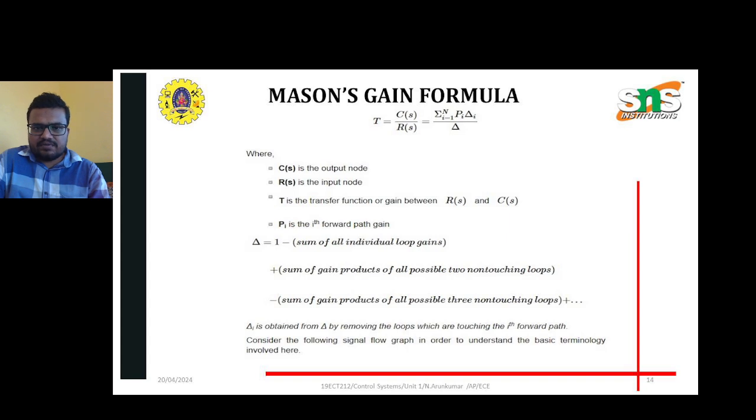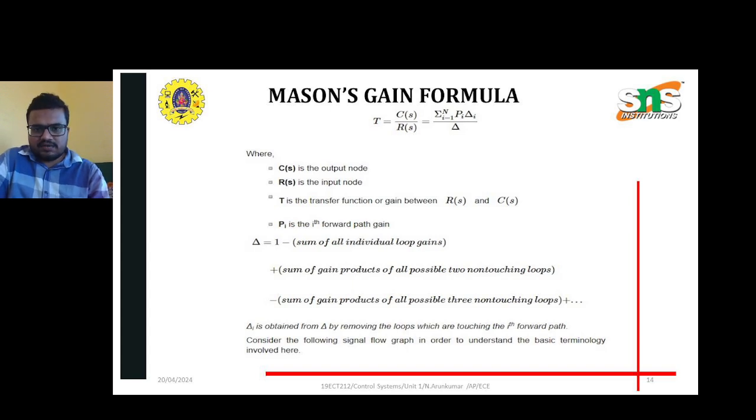The delta value will be calculated as 1 minus the sum of individual loop gains, plus the sum of gain products of all possible two non-touching loops, because already we discussed that if you have non-touching loops present in the forward path, then we can use them here. The next term is minus the sum of gain products of all possible three non-touching loops, because in your forward path, if you have three non-touching loops, you can mention them here.